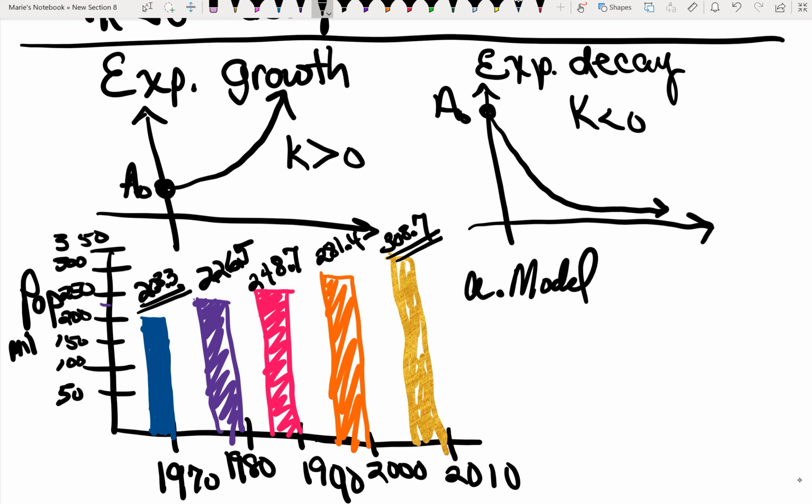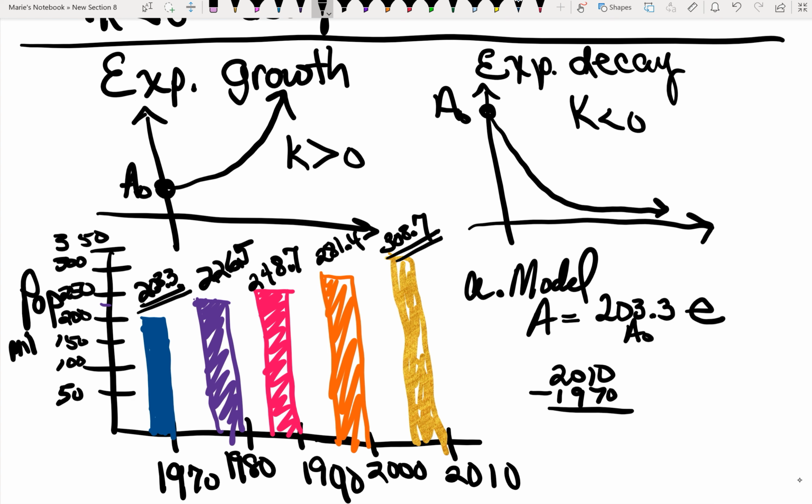So we know that we're going to have the future value, which is going to give us 203.3, which is our initial value. So this is the a sub 0 part of the formula. Natural base E, that is just what it is. We know that the difference between 1970 and 2010, so if we take 2010, take away 1970, the difference in time is 40.